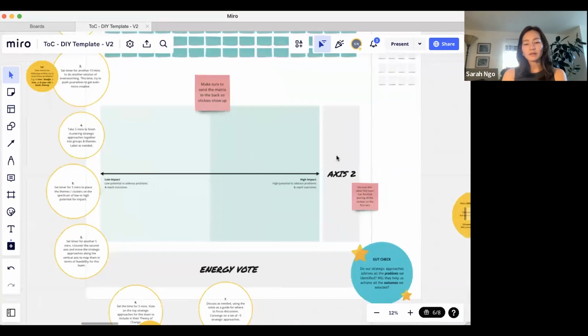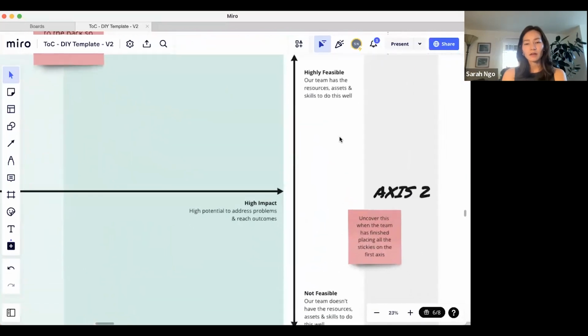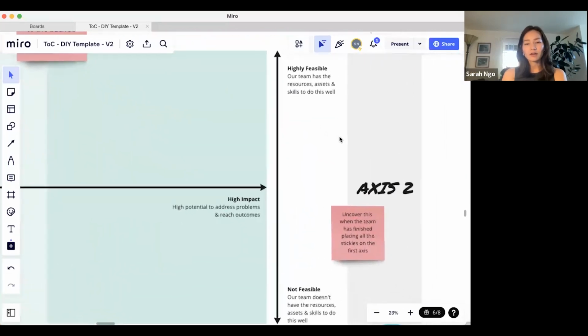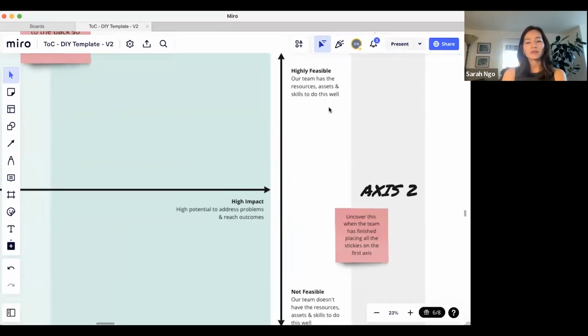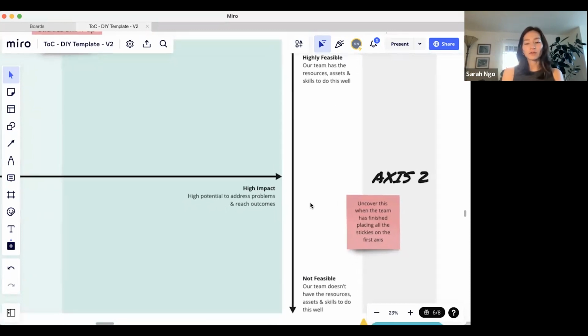The next step of this process is to prioritize in terms of feasibility. We have here a spectrum from high feasibility, which to us means our specific team, our specific group of TNC folks, has the resources, assets, and skills to do this strategic approach well, versus not feasible: our team doesn't have the resources, assets, and skills available to do this well.